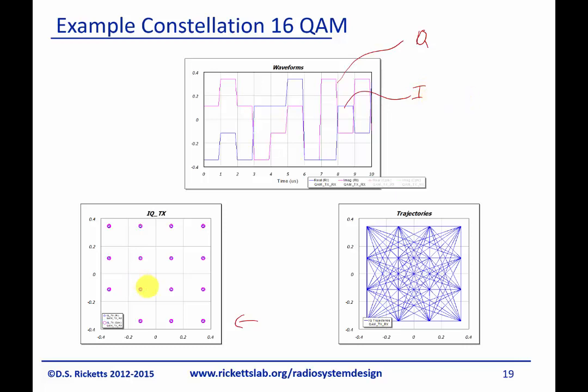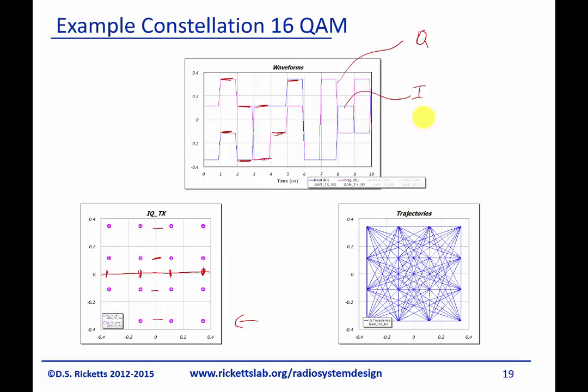And so what this means is that the in phase, which is blue, is going between this value, this value, this value, and this value. And you can see that I've got one value here, one value here, one value here, one value here. They correspond to these values that I just showed. Likewise, the pink has one, two, three, four values, and I've got 1, 2, 3, 4.